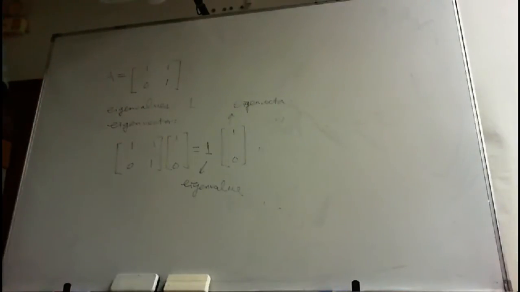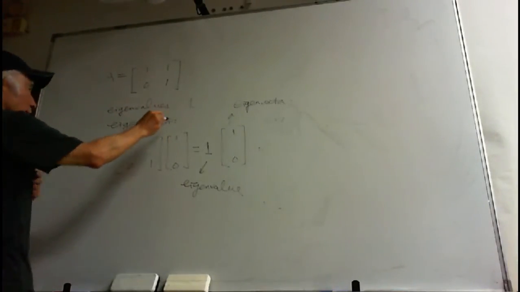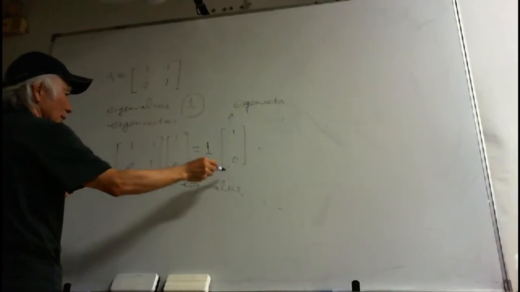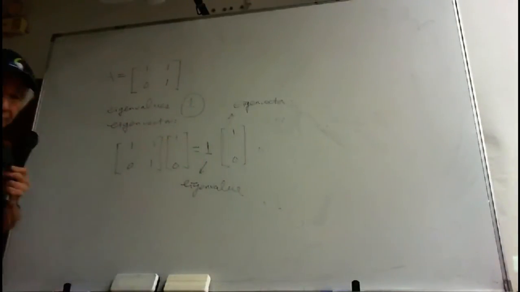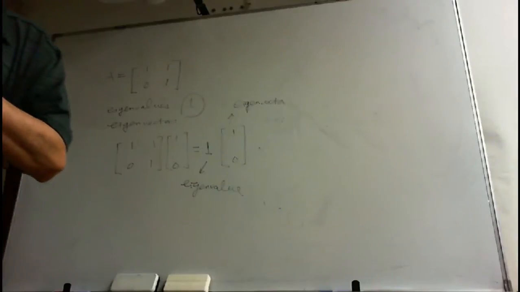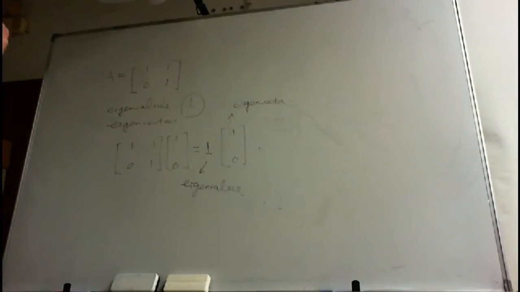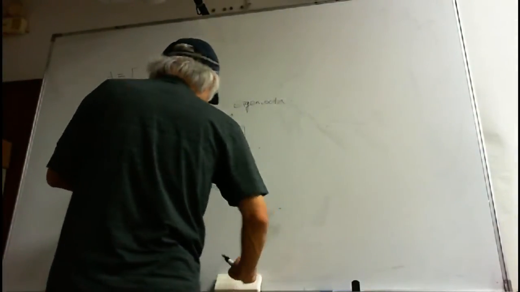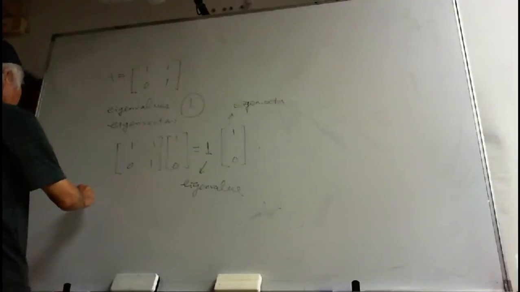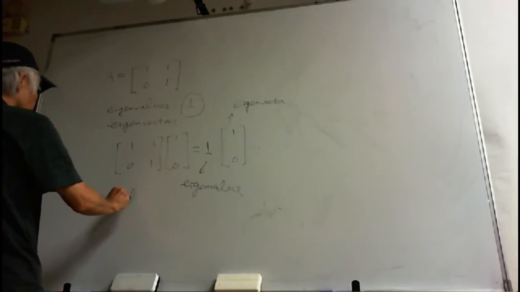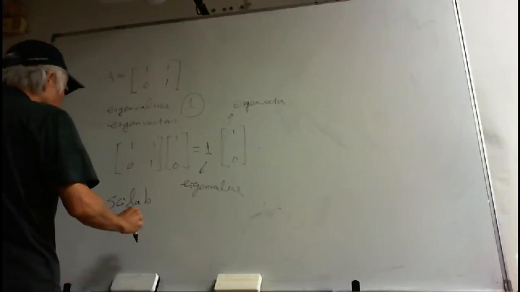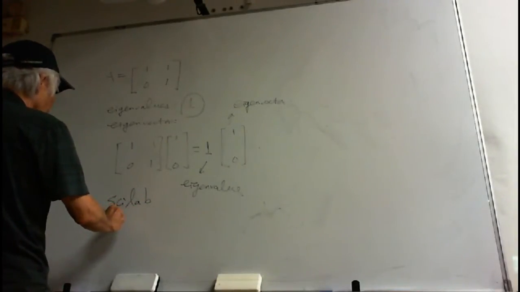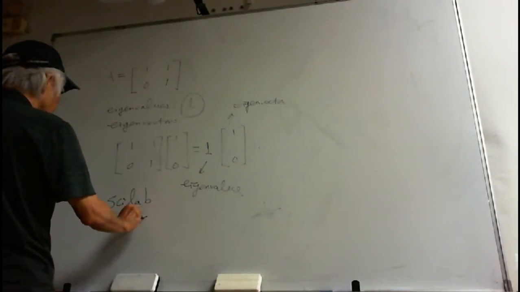So for you to understand what we mean by eigenvalue and eigenvector, in Scilab you can use a function equivalent to EIG in the main app. In Scilab there's a function called spectrum, SPEC, I think.